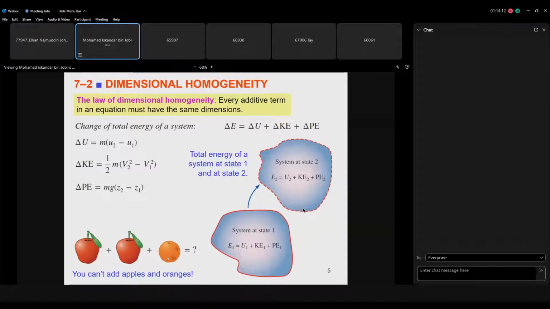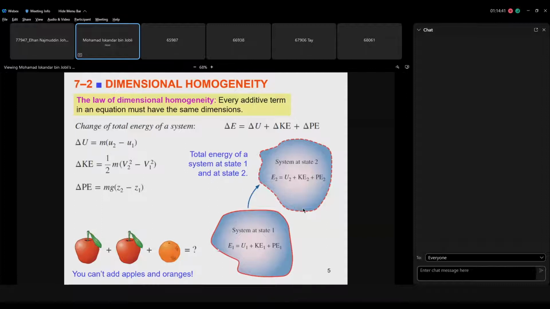You have to make sure that everything is apple in the first place, or everything is orange in the first place. If you have three oranges, that's fine. Orange plus orange, you'll get orange in the end. If you have apple plus apple, you have apple in the end. But if you have apple plus orange, it's not going to be apple, not orange, so you can't do this.